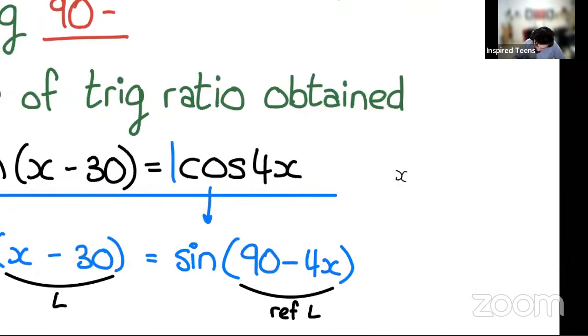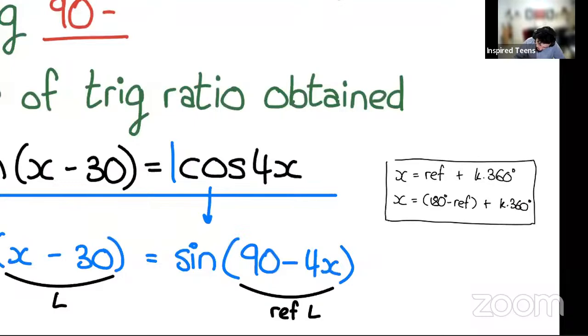We have x is equal to ref plus k times 360, and x is equal to 180 minus ref plus k times 360. Okay, you need to memorize those.